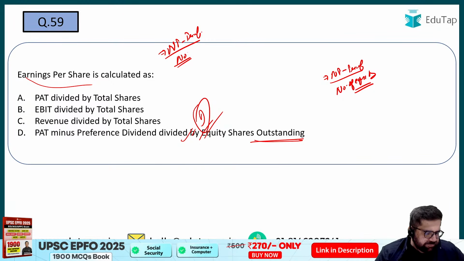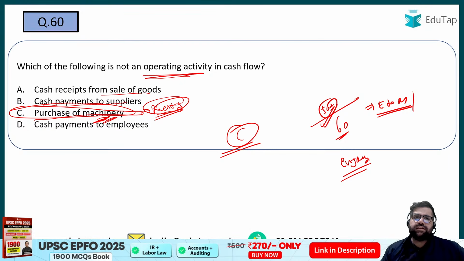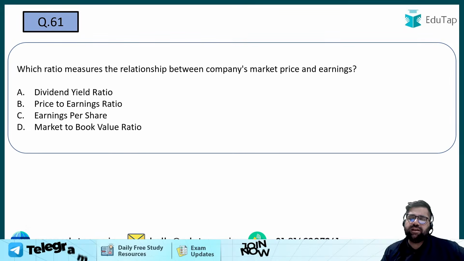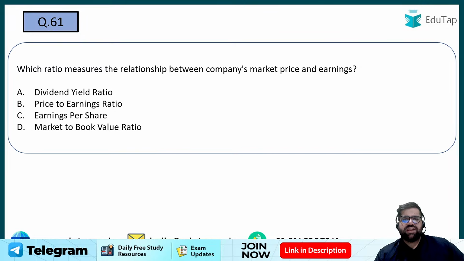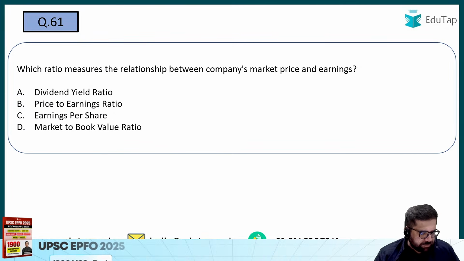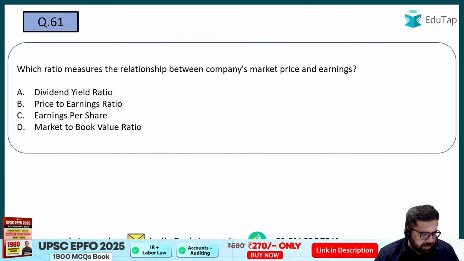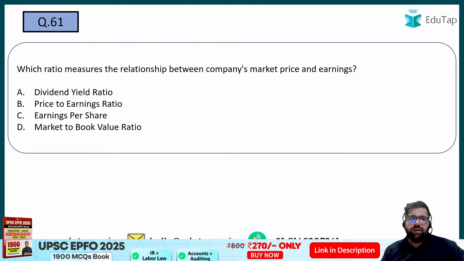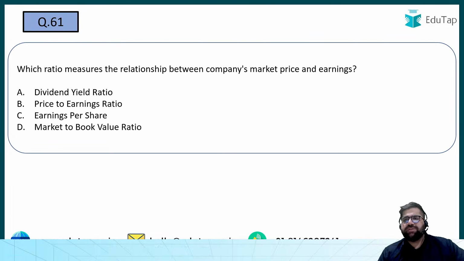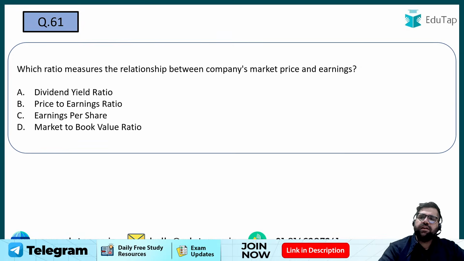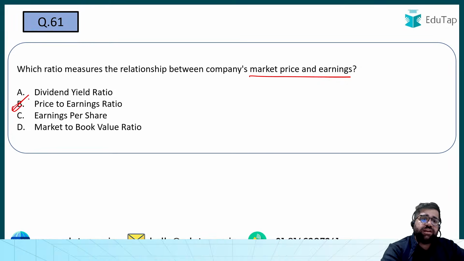Right, let's try to solve question number 61 now. Which ratio measures the relationship between company's market price and earnings? Okay, Shan got it. So market price and earning, which we calculated dividend yield, no. Price to earning ratio, yes.